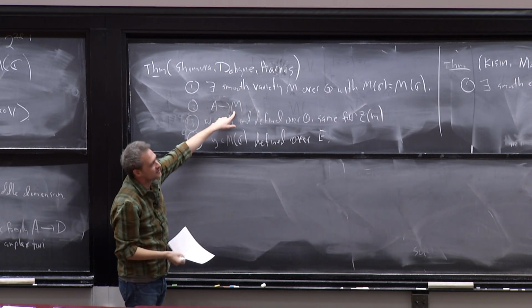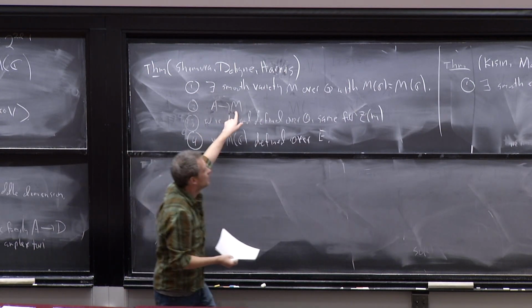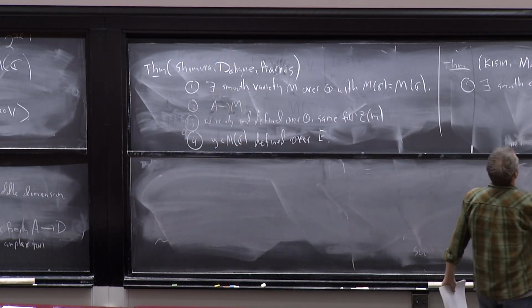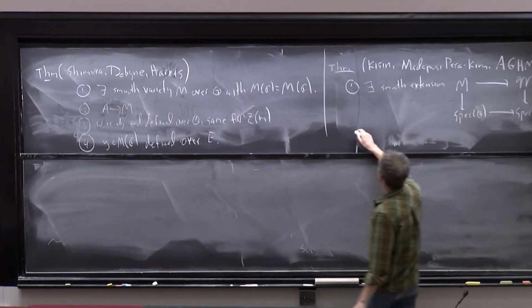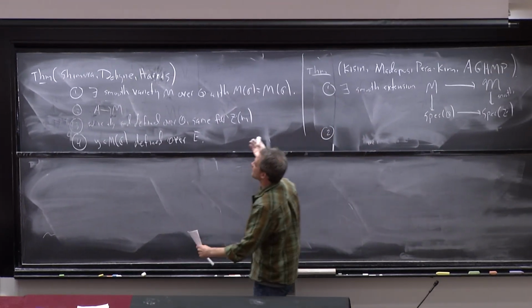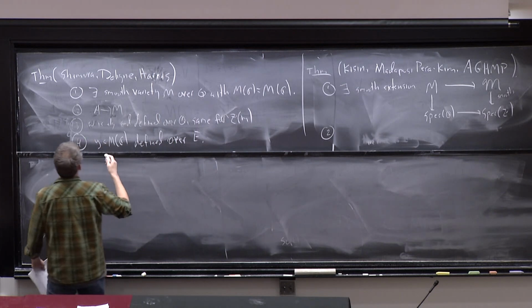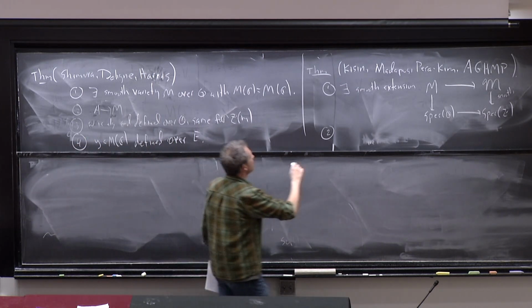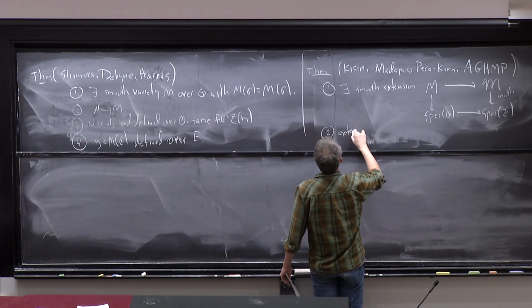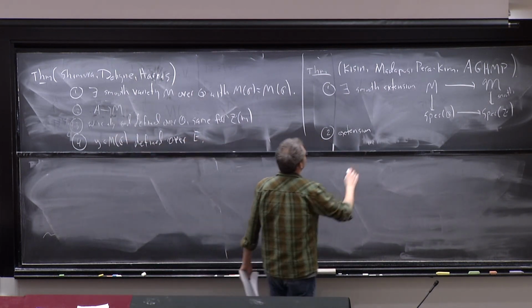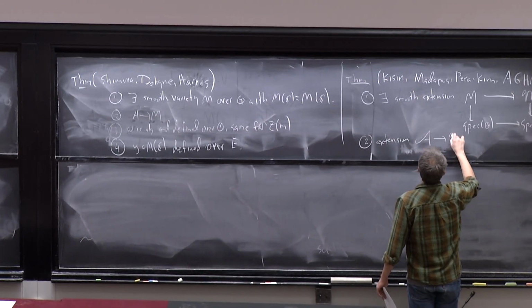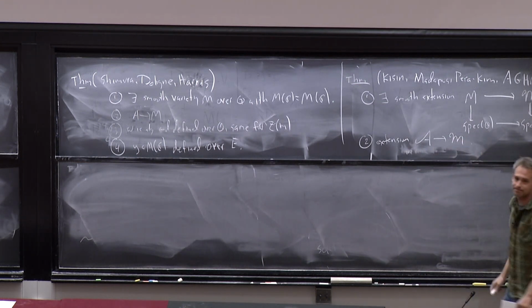And that's the definition of script M. But then it's clear from the construction that this thing now by definition comes with a map to the moduli space of abelian varieties. And so you can just, on that moduli space of abelian varieties, pull back the universal thing. And this abelian variety over M extends to an abelian variety over the integral model. Okay, so that extends.